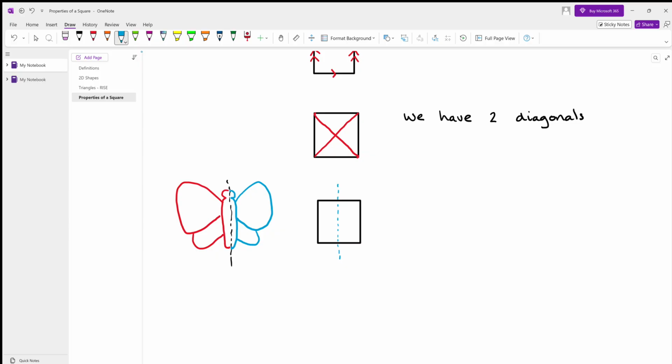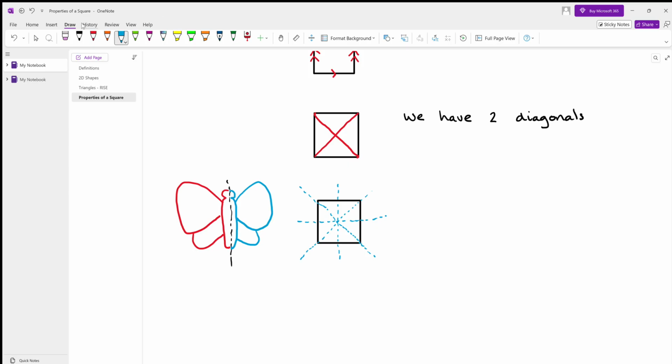And a square has four lines of symmetry. That's one down here, one across here, and it also has diagonal lines of symmetry. And if you notice, I'm drawing them as dotted lines. I think it's better to draw them with dotted lines. You have to excuse the straightness on that.